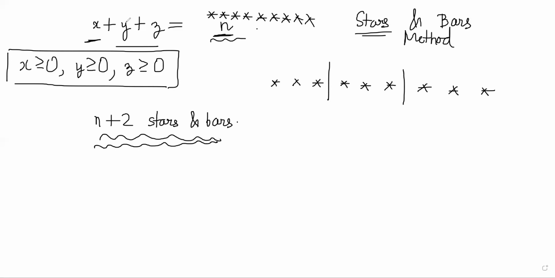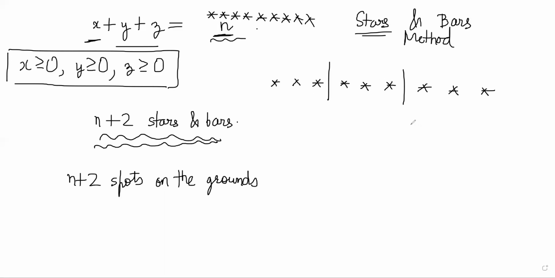So think about it. There are actually n plus 2 spots on the ground. There are n plus 2 things, bars plus stars, and you have to pick two spots for the bars.